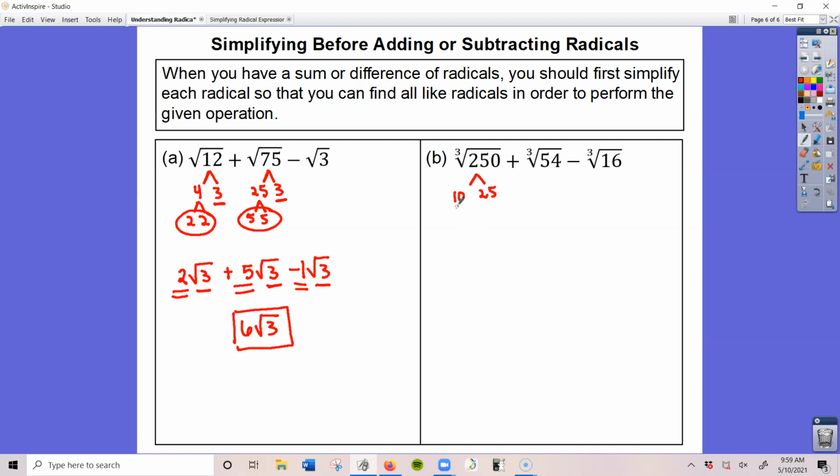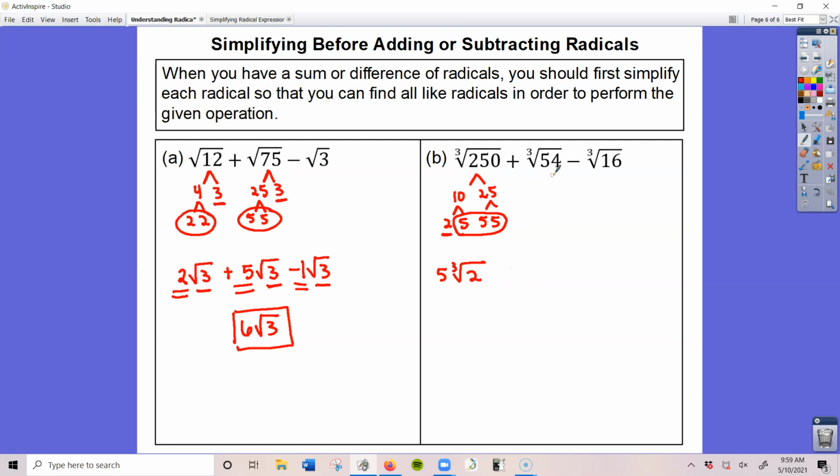The 10 can be broken down to 2 and 5, and the 25 can be broken down to 5 and 5. So because these are cube roots, that means that I need 3 identical numbers to move to the outside. And this 2 here will have to stay inside. So this will be written as 5 cube root of 2.